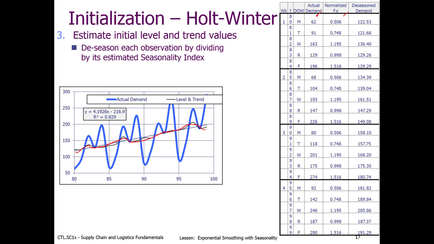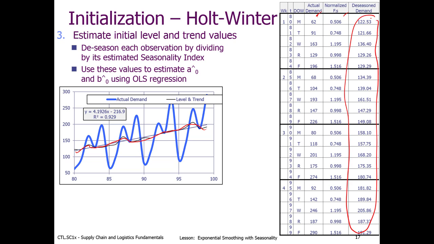So what am I going to do to find that now? I've got this data, and I'm going to be doing it from time period 100 forward. I want to find an A hat 0, which is my intercept essentially at 100, and I want to find the slope, a B hat 0.